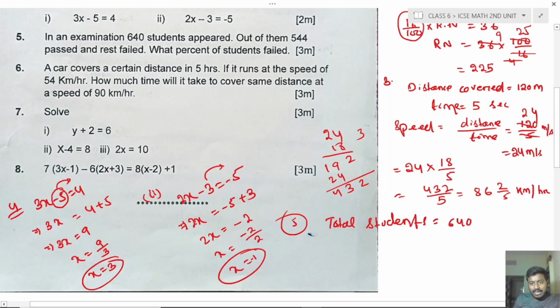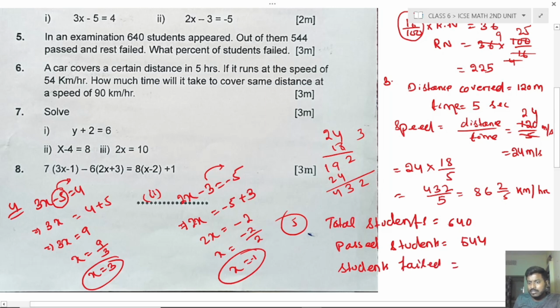Number of students passed equal to how much? Now 544. The rest fail. Then we can find out the number of students failed equal to how much?